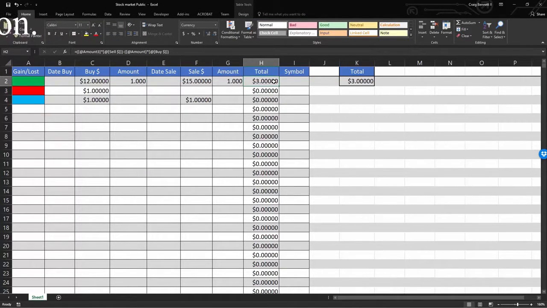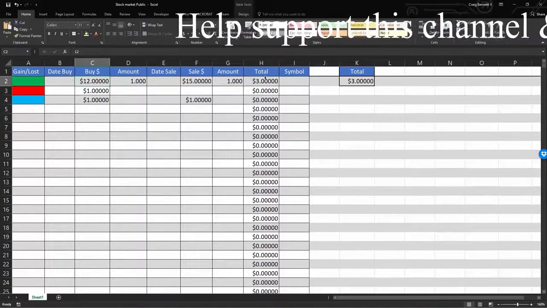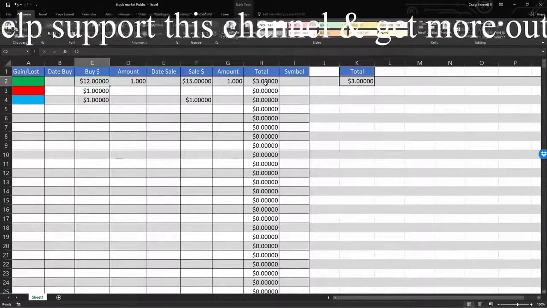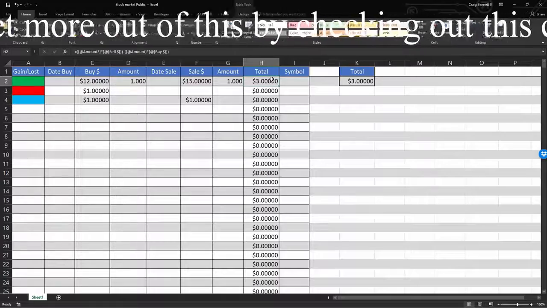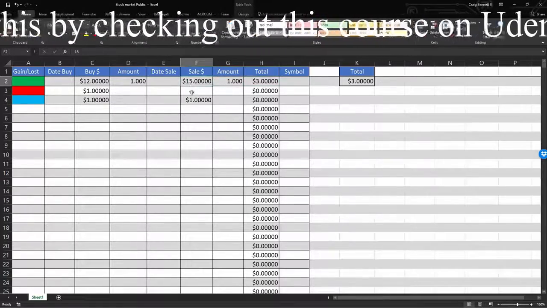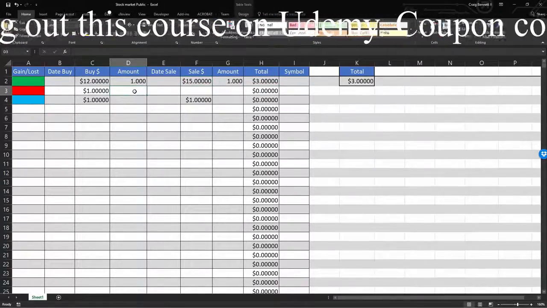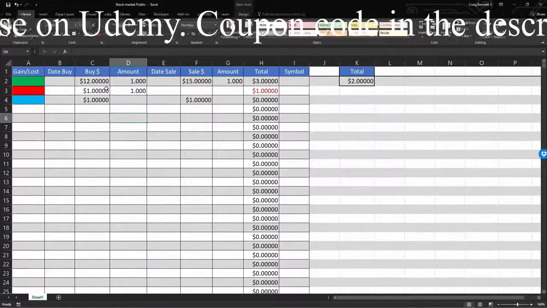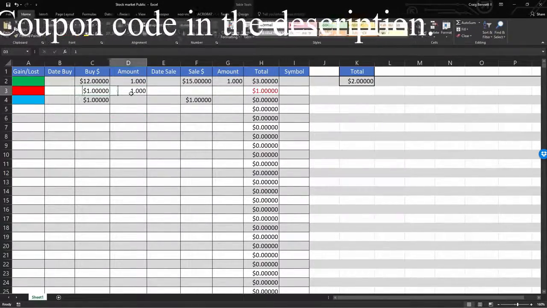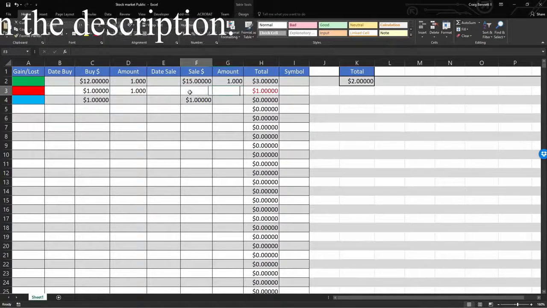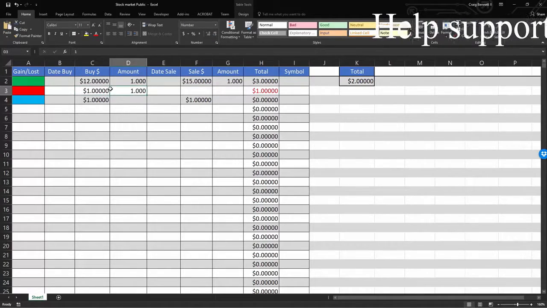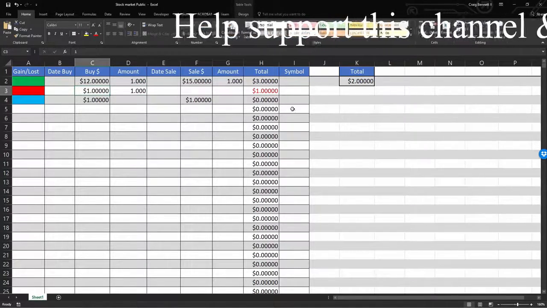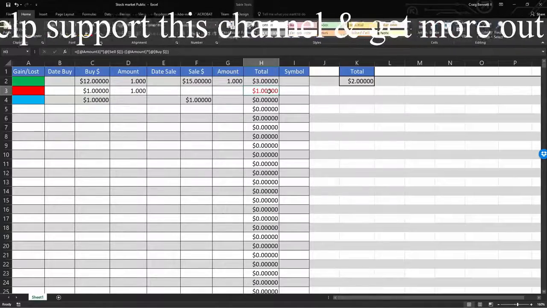Keep in mind, if you want to add the original buy into there, fine, whatever it may be. But what I personally just care about is how much money I made or how much money I lost. For example, if I bought something, no matter what I put on the sell side, if whatever I put on the buy side is higher as far as the price, it's going to turn red if it's a negative.